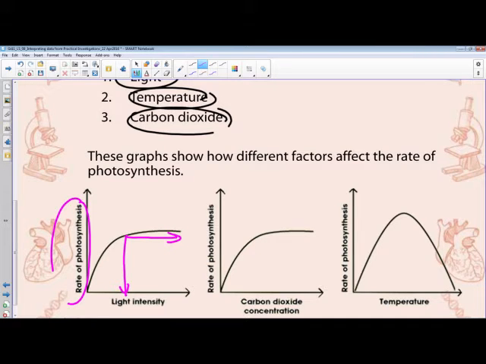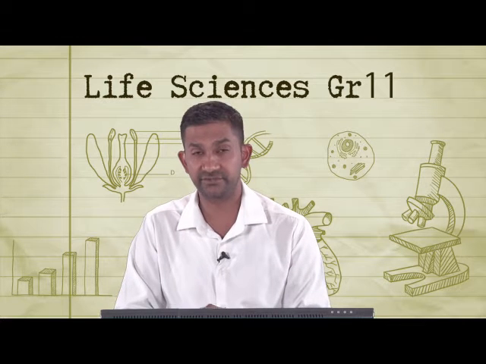And that rate of photosynthesis can be measured by looking at the amount of oxygen bubbles produced, or even determining the presence of starch and the amount of starch present in the leaf. And often, for a simplistic reason, we look at the amount of oxygen bubbles or the volume of oxygen produced as a measure of the rate of photosynthesis.